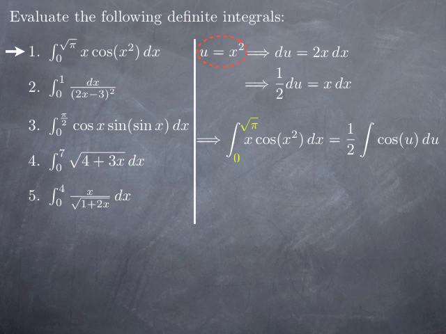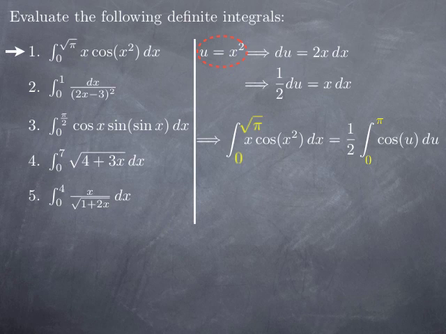We need to look at what it means for u. So when x is 0, we plug x equals 0 in the expression for u, we get u is 0 squared, that's again 0, so the lower bound of integration is 0. On the other hand, when x is root pi, then u is root pi squared, that is pi, so the upper bound of integration is going to be pi.